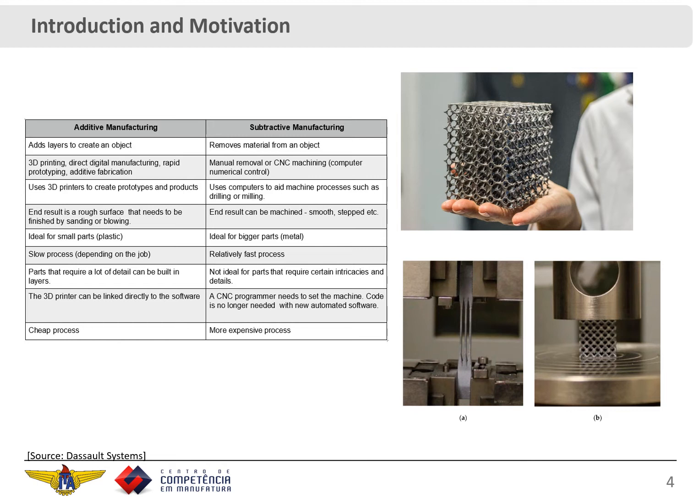As a negative side, additive manufacturing is more related to small batches or individual parts, while subtractive or conventional manufacturing can be related to mass production.